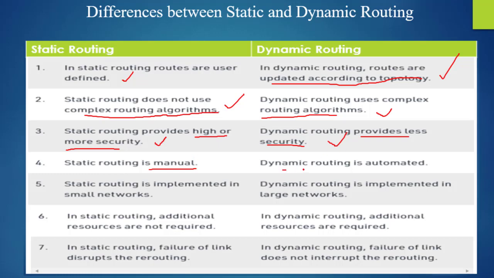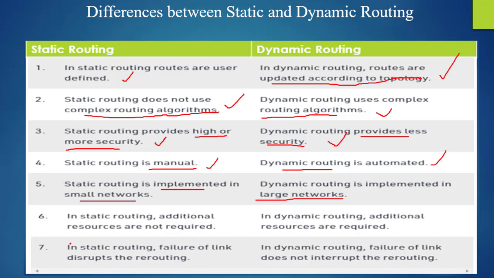But dynamic routing is automated. And number five, static routing is more preferable in small networks. But dynamic routing covers both small and large networks.